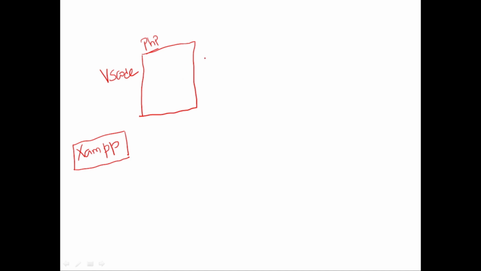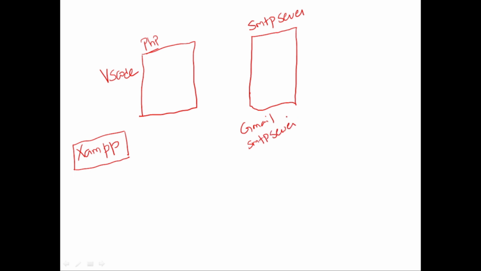Now to send an email, we need an SMTP server. For this, we are going to use Gmail's SMTP server. So I'll just give you the steps required for running this PHP script.